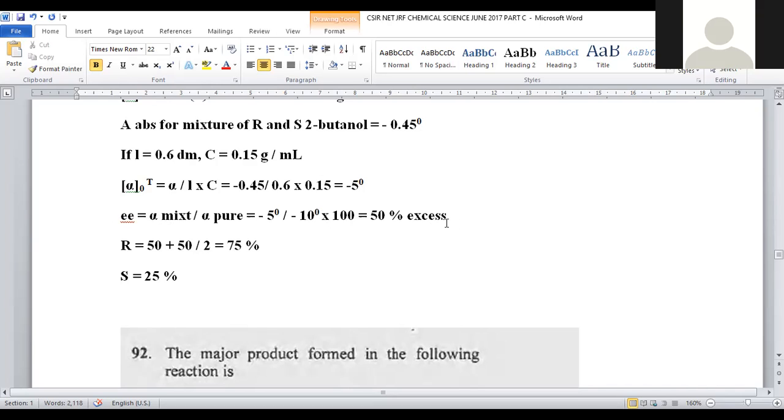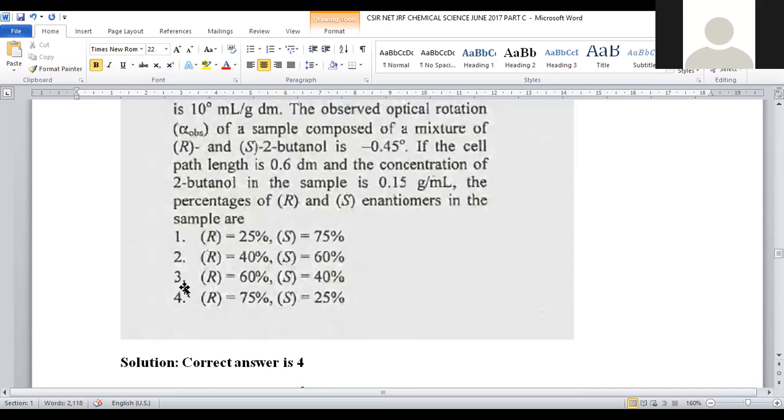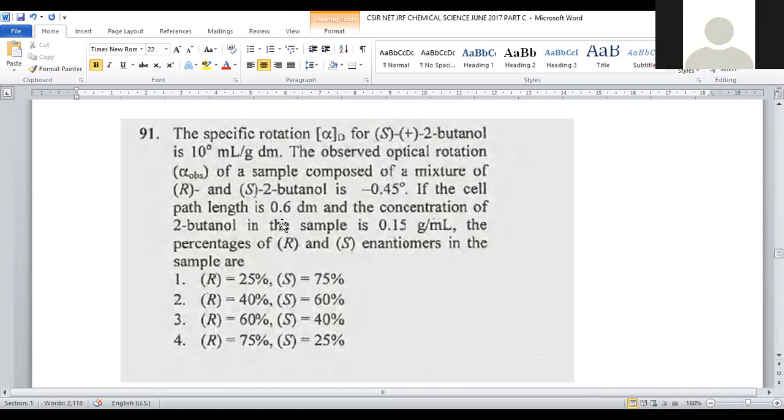Enantiomeric excess is 50%. Now it is very simple to predict the R isomer contribution, that is 50 plus 50 by 2. After the calculation, it will become 75%. Then if the R isomer is 75, the remaining will be S isomer, that is 25% S isomer left over in this mixture, right?